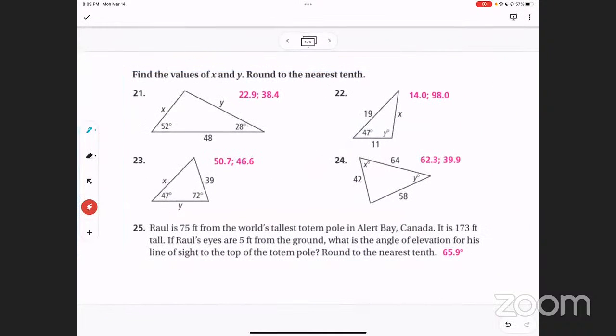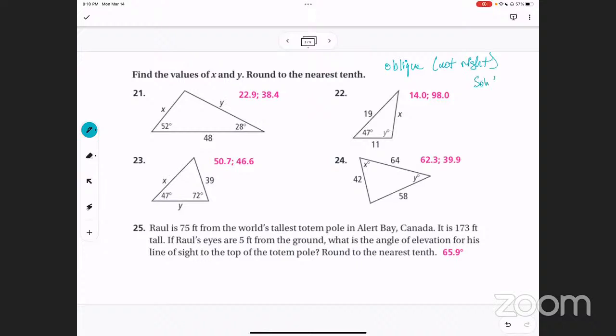So let me show you how you're going to find them. See how these aren't right triangles? These are called oblique triangles. Oblique means not right. So we don't use SOHCAHTOA.